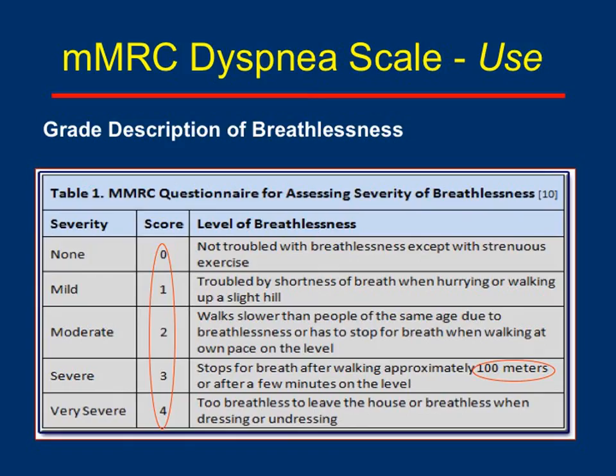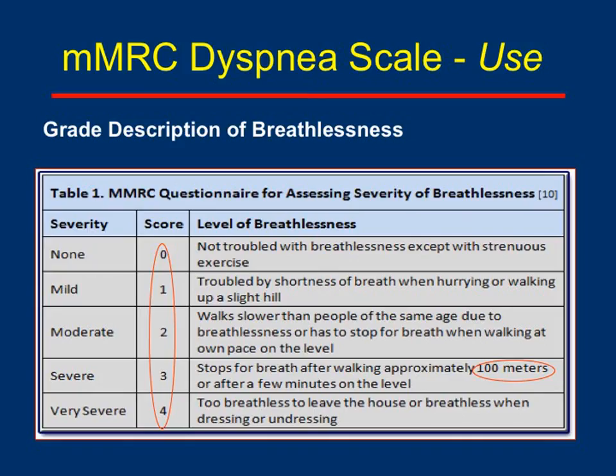So on to another tool for dyspnea. This is the Modified Medical Research Council Dyspnea Scale. It was developed approximately 60 years ago, used for measuring disability in COPD. There's two versions of this. This is the one that's most commonly used, the 0 to 4 scale. There's also a 1 to 5 scale, but this is perhaps the more preferred one.